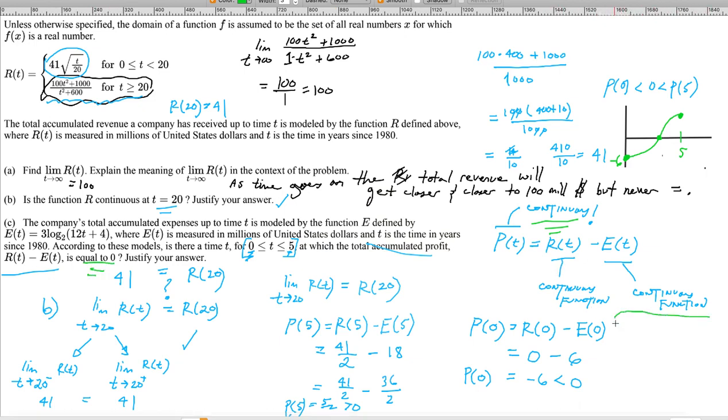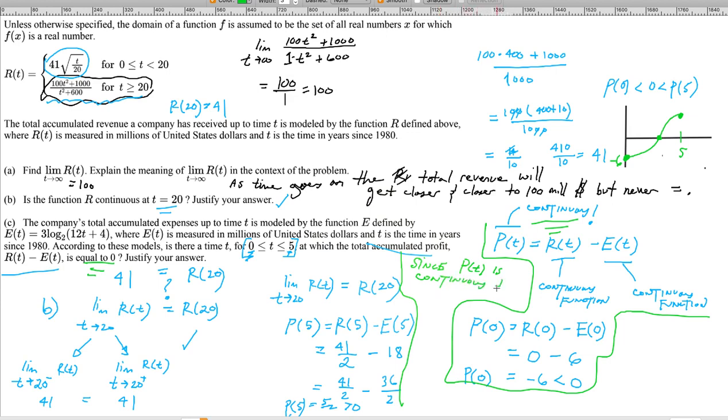And the way you could write it out nice and neat, to summarize, if I just kind of box this out, I could say, in green, since, okay, you want to make sure you write down the conditions for the intermediate value theorem. P of t is continuous and you have that inequality right there. P of 0 is less than 0 and p of 5 is greater than 0.